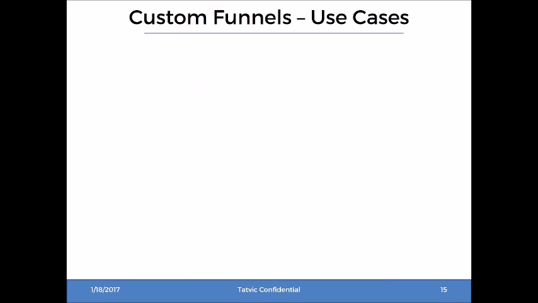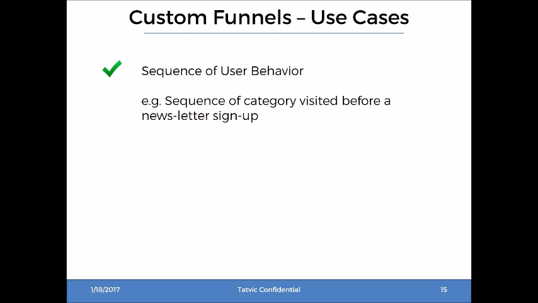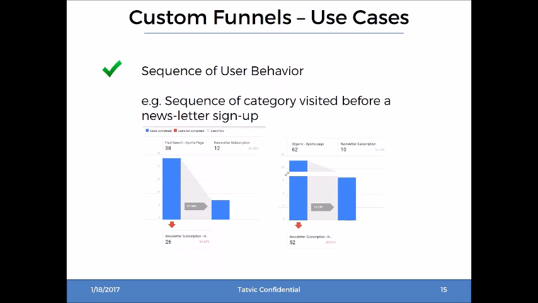Another good use case is sequences. Let's take an example of a publisher website where people consume content. When we compared users coming via paid search and organic to the sports page and their conversion rate, we got a lot of good insights.